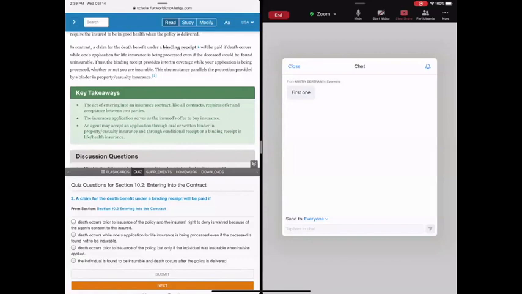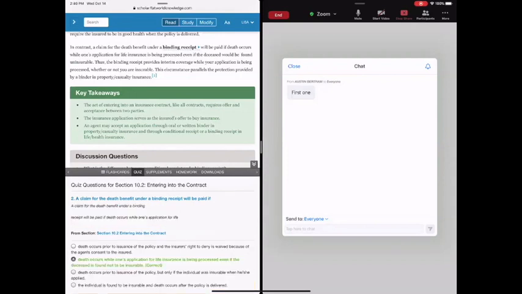The piece of this that's important, especially when it comes to a binding receipt, is whether or not the insured is found to be insurable. So if the death occurs while one's application for life insurance is being processed, even if the deceased is found not to be insurable.